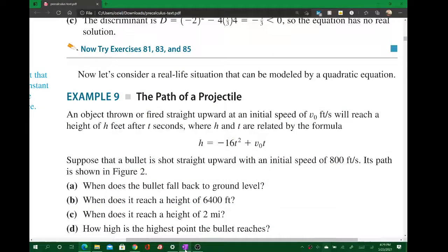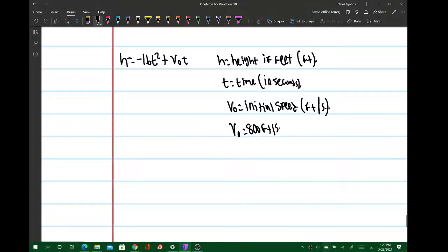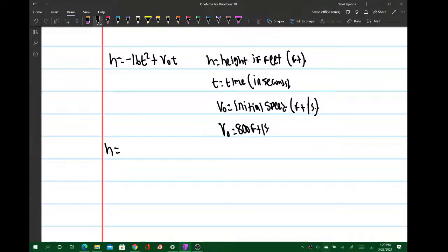And they want to know, when does the bullet fall back to ground level, right? It says suppose that a bullet is shot straight upward with an initial speed of 800 feet per second. So that means the initial speed v0 is 800 feet per second, so the height will equal negative 16t squared plus 800t.